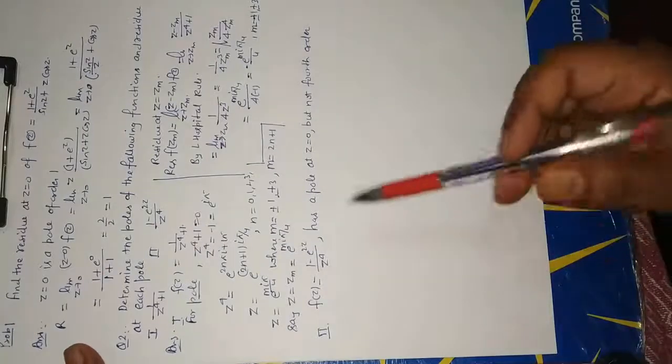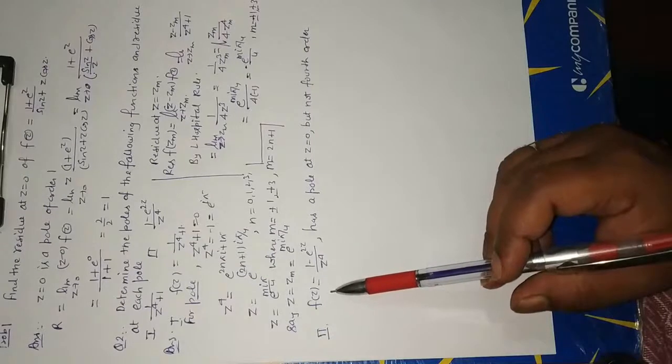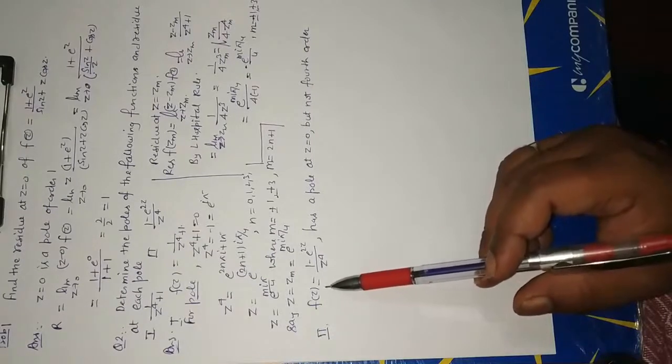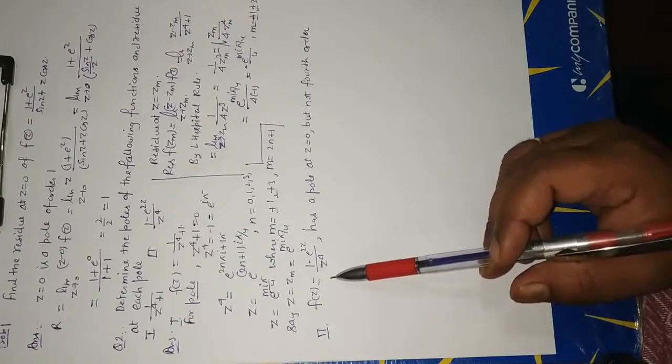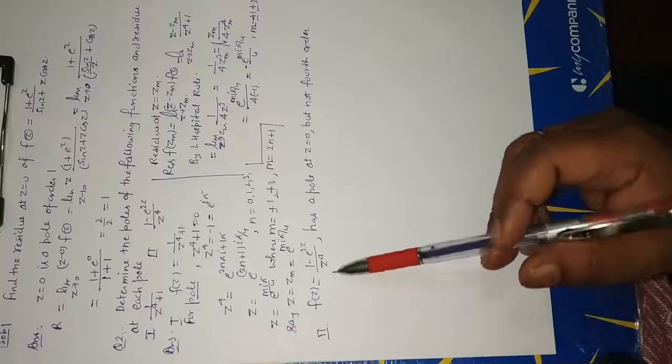Generally, everybody understands the order of the pole of this function is always 4, but there is no order 4 pole for f(z) here.